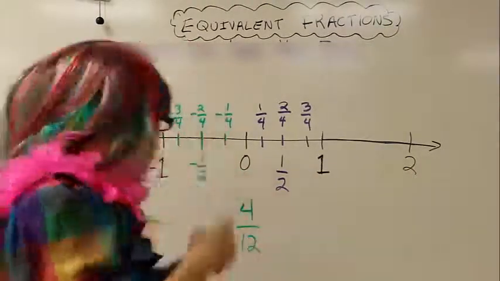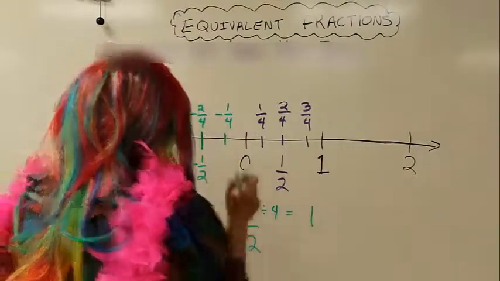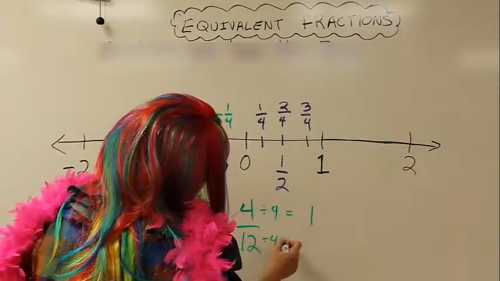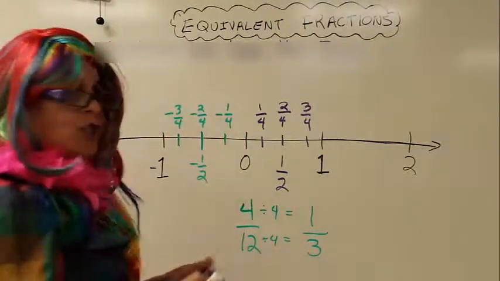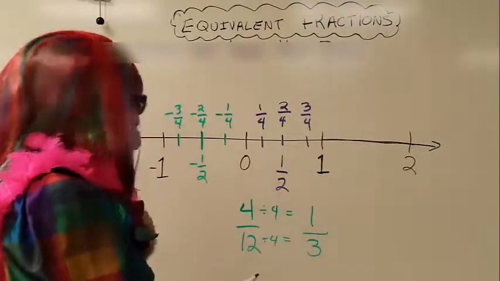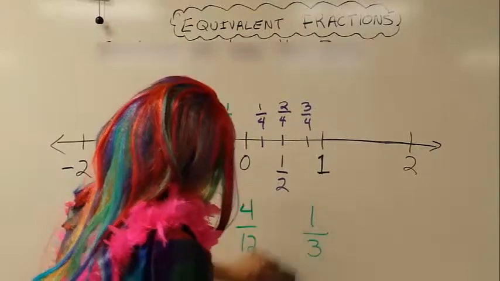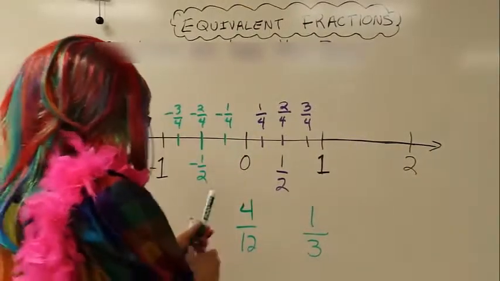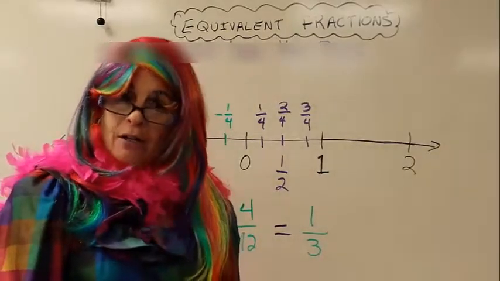Yes, there is. There is 4. 4 divided by 4 is 1. 12 divided by 4 is 3. I just changed that 4/12. Well, I really didn't change it, but I simplified it to 1/3. That means 4/12 must be equivalent to 1/3.